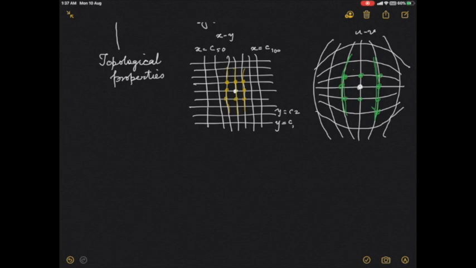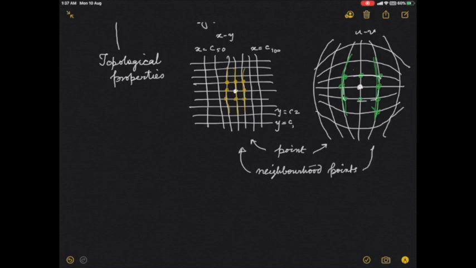First of all, one point here is mapped to one point there, right? If I ask for all the points in the neighborhood of this point, they still stay in the neighborhood of the point. So neighborhood points here stay as neighborhood points there.